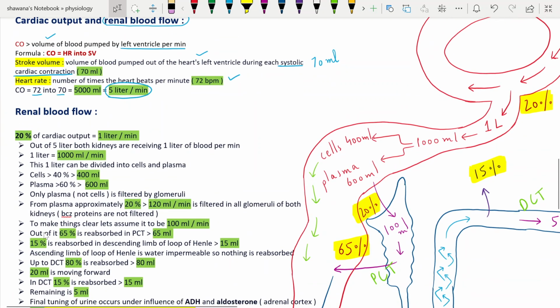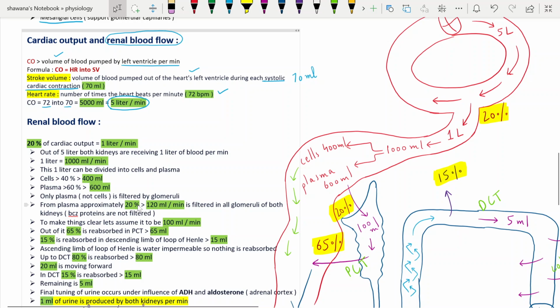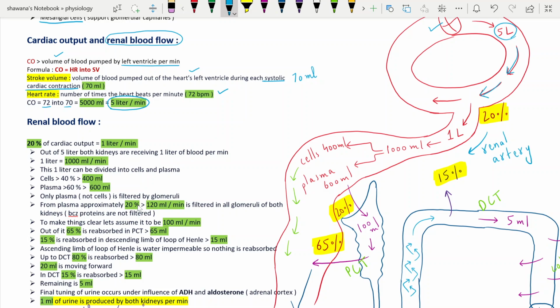So let's discuss both the theory and the diagram side by side. Okay, this is the heart, and the cardiac output is approximately 5 liters. From the 5 liters, the blood comes towards the general circulation, and this is the renal artery projecting from the general circulation, and the renal artery carries approximately 20% of that blood.